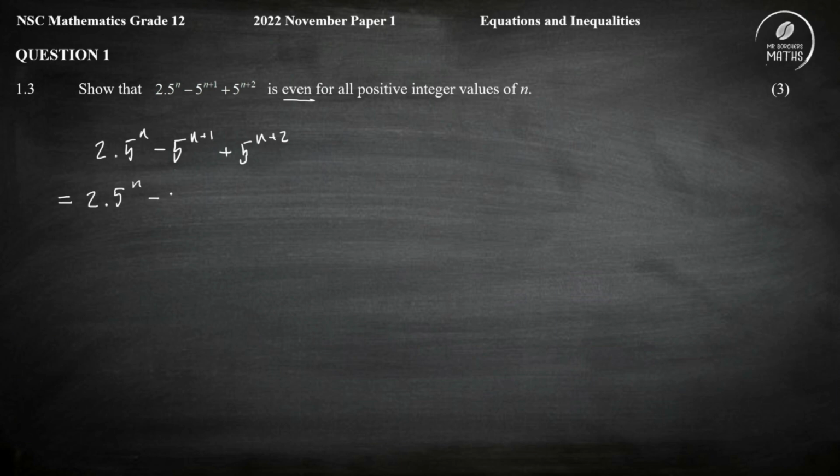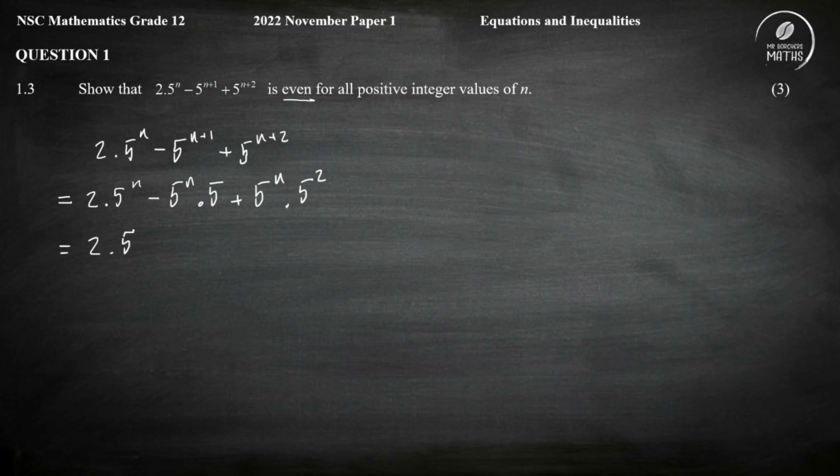Okay, now 5 to the n plus 1 can be rewritten as 5 to the n multiplied by 5. 5 to the n plus 2 can be rewritten as 5 to the n multiplied by 5 to the 2. Now we see we have 3 terms in this expression, each with 5 to the n.